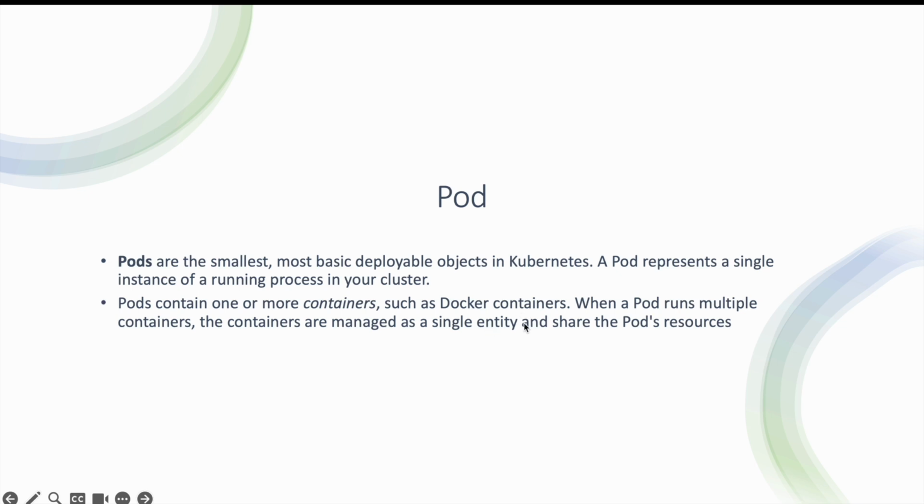So we saw Docker images, and when one runs it becomes a container, and a pod is something which has containers inside it. A pod can also have multiple containers. The containers are managed as a single entity and share the pod's resources like network, storage, and everything. Right?